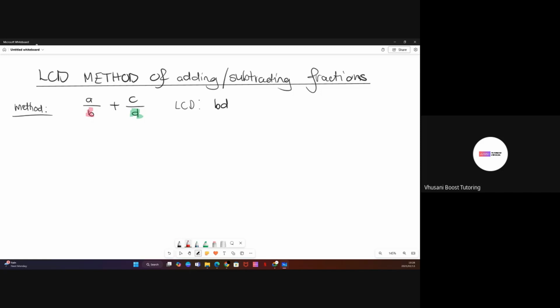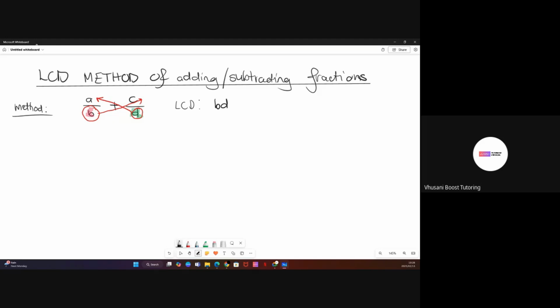And then what happens over there, I will show you a quick method that we can use to make things simpler, right? Once we have a common denominator, the lowest common denominator, I want you to take the denominator from this side, and I want you to multiply it with that A over there. Then I also want you to take the denominator of this one, and I want you to multiply it with that C over there.